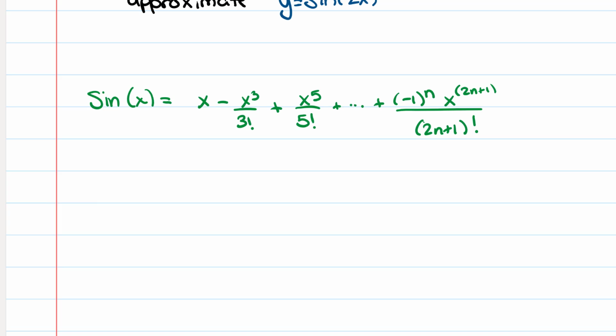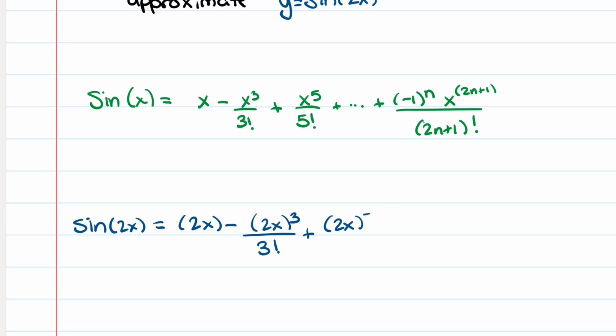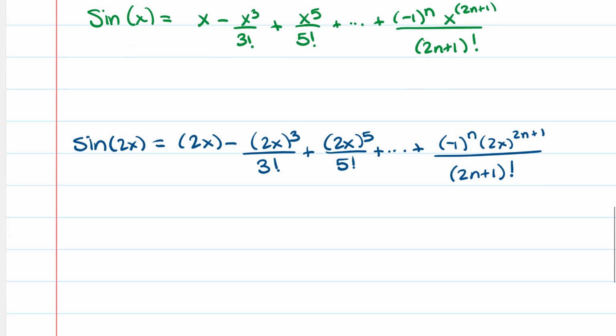If sine of x is equal to all of that, then sine of 2x is going to be 2x minus 2x cubed over 3 factorial plus 2x to the fifth over 5 factorial, plus negative 1 to the n, 2x to the 2n plus 1 over 2n plus 1 factorial. Now I want the first three non-zero terms.